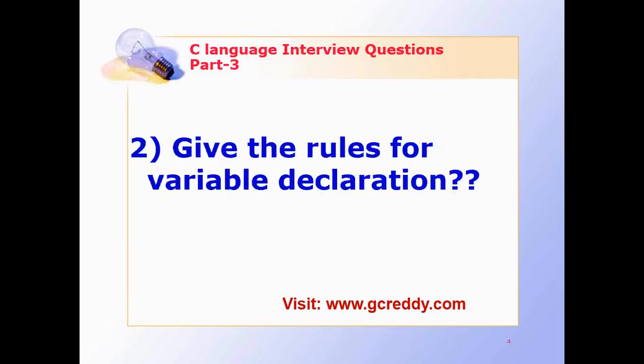Give the rules for variable declaration. The rules for variable declaration in C are given below. A variable name consists of alphabets, digits, and the underscore character.